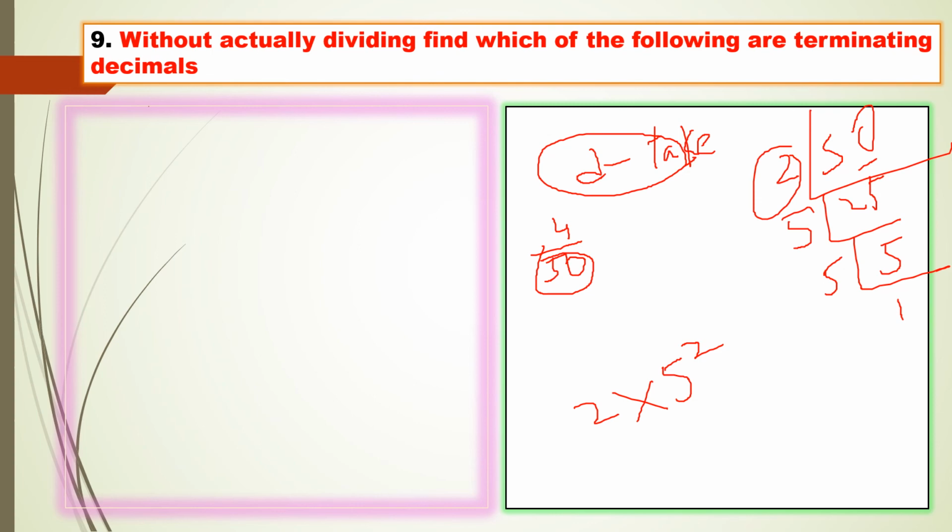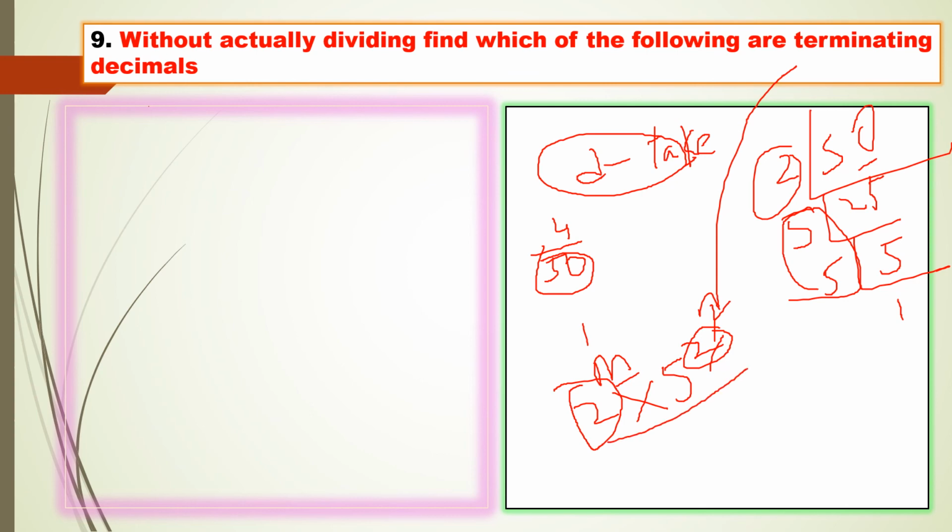If the denominator is in the form of 2 power m into 5 power n, then it is a terminating decimal. This m and n can be any number. Here I got 2 5s, so n is 2, and m is 1. So if the denominator is in the form of 2 power m into 5 power n, then it is a terminating decimal.